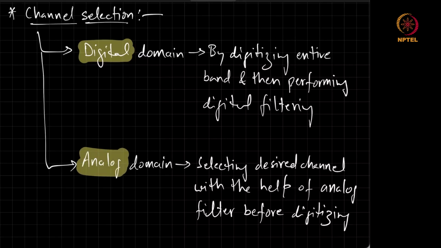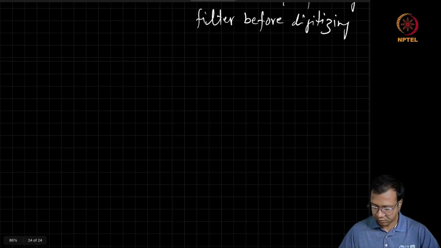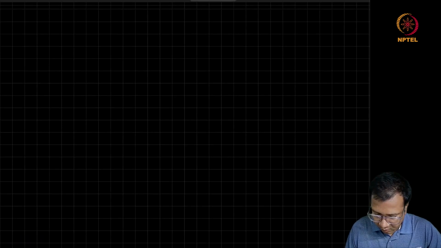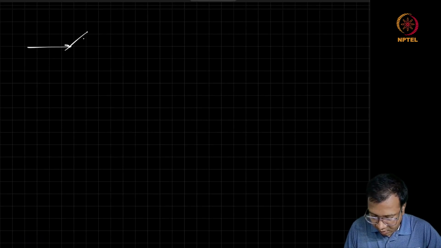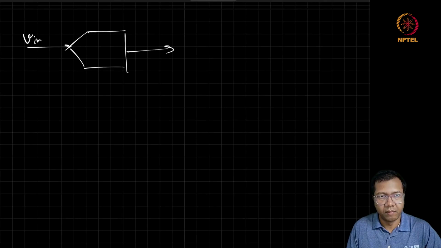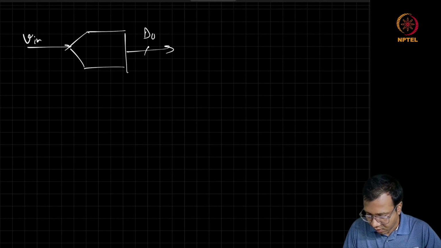And to be able to understand how it is performed, first we have to understand a bit more detail about how an ADC digitizes a signal. Okay. So if you look at the ADC, let's say it is taking an analog input V in, generating a digital output D out.